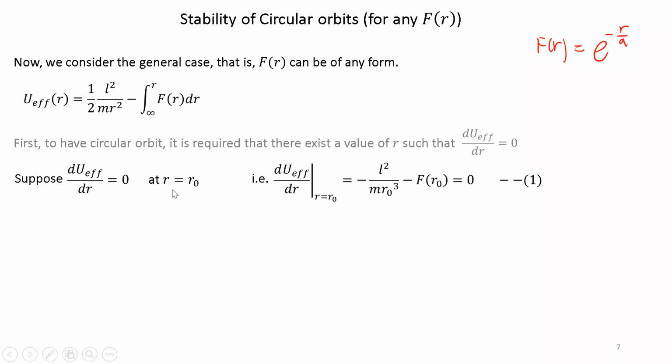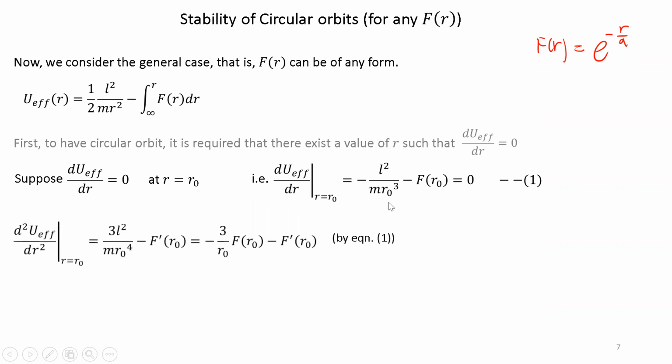If you want to have a circular orbit, this equation, dU/dr, has to be equal to 0, and that gives you a requirement for r naught.